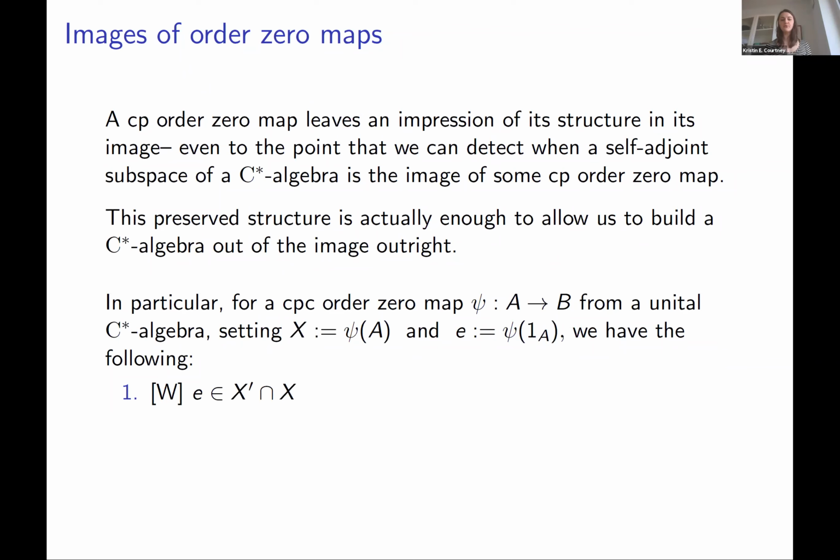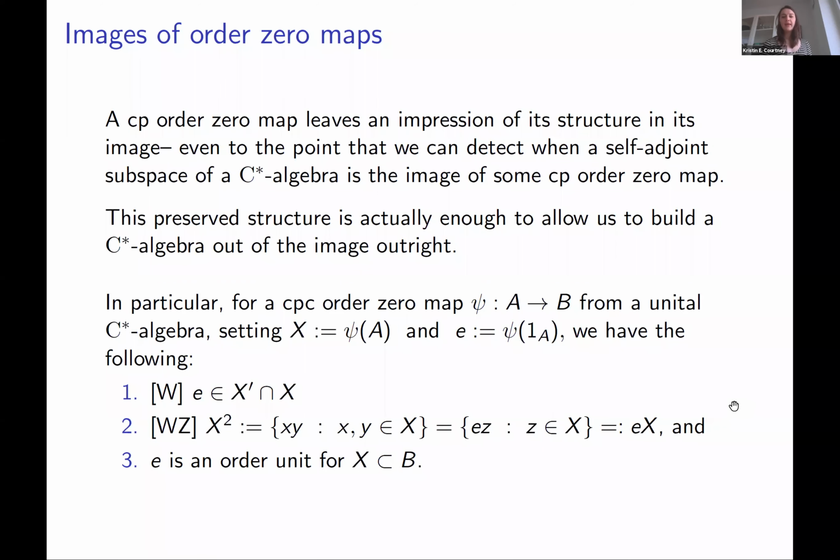From the theorem of Wolff, we know that E commutes with X. From rewriting the structure theorem of Winter and Zacharias, we can say that X squared is equal to EX as sets. This is simply saying that for any a and b in A, psi of a times psi of b is equal to the image of the unit times psi of ab. And lastly, E is an order unit for X inside of B.